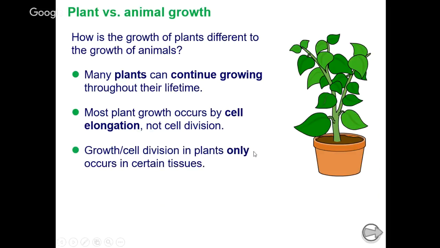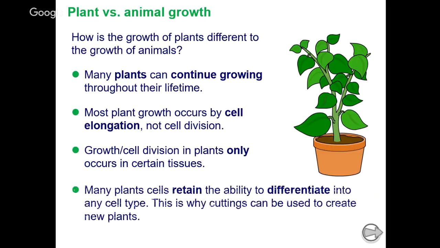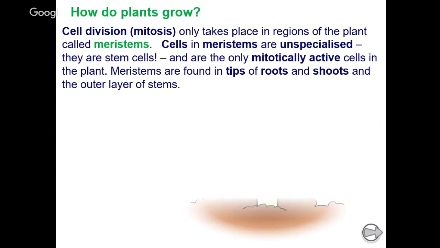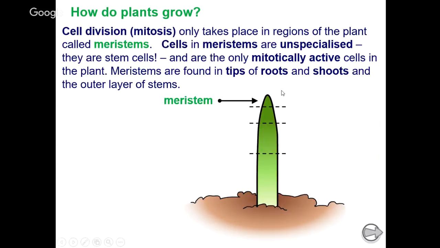And the actual division of cells only takes place in certain parts of the plant, in places called meristems. Now, meristems are mainly in the growing tips of shoots or the growing tips of roots, but you also find meristem tissue in buds of stems. But that's the only place they actually grow.